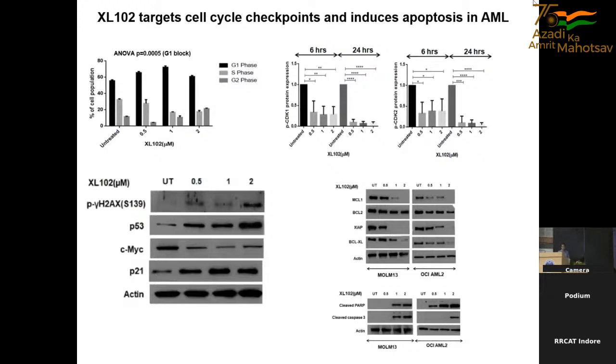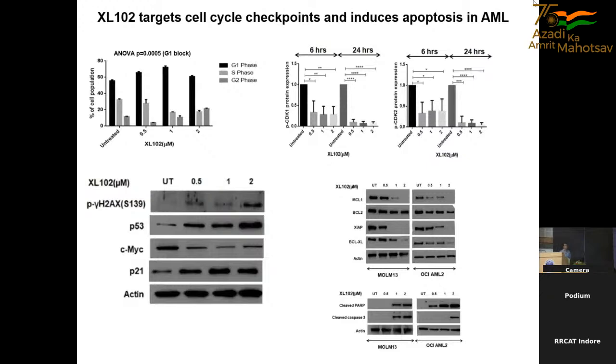So then we looked, because we know CDK7 affects the cell cycle and apoptosis, as I mentioned in the previous slide. We checked after treating the cells with XL102: the cells were arrested in the G1 phase at different concentrations, and phospho-CDK1 and phospho-CDK2 levels were also downregulated after treatment with XL102 at 6 and 24 hours.